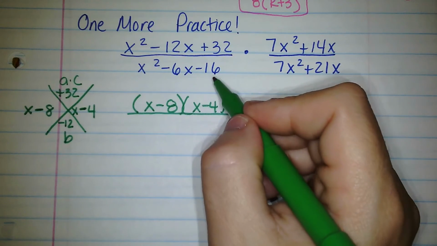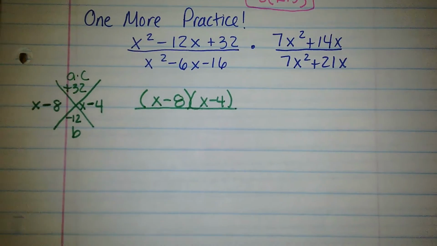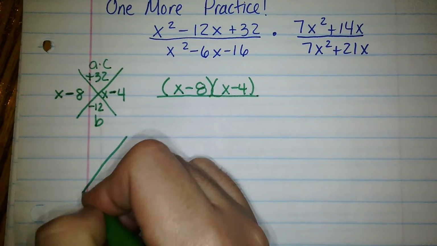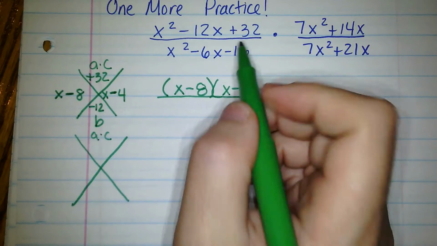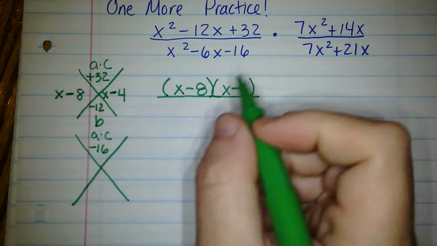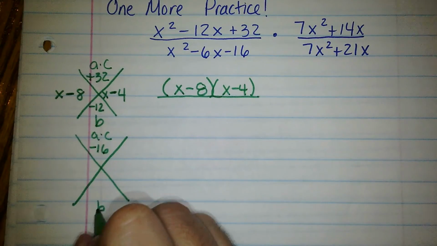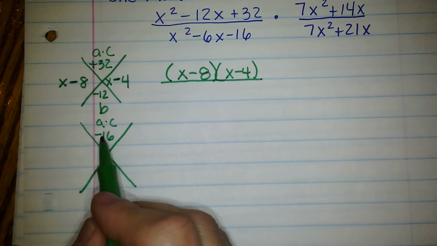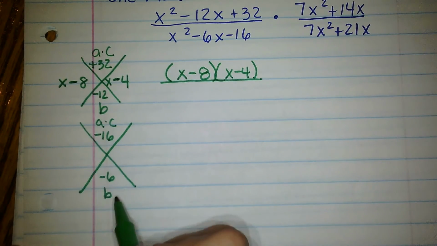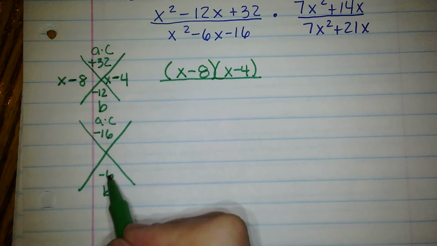On the bottom, to do a magic X, we would need factors of A times C, which is 1 times negative 16, which is negative 16. And the B is negative 6. So factors of 16, this one we're subtracting. So we want the values to subtract to give us 6, and that would be 8 and 2.